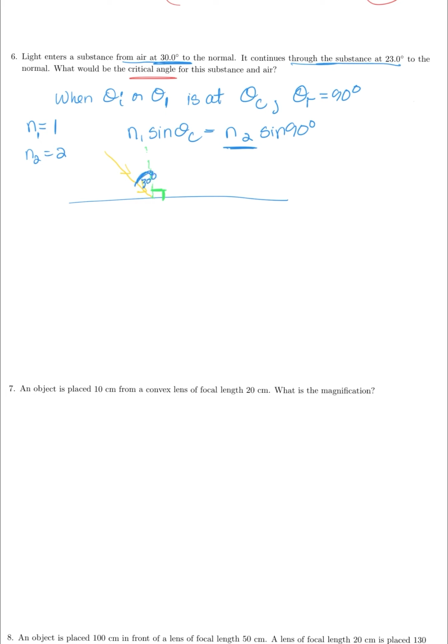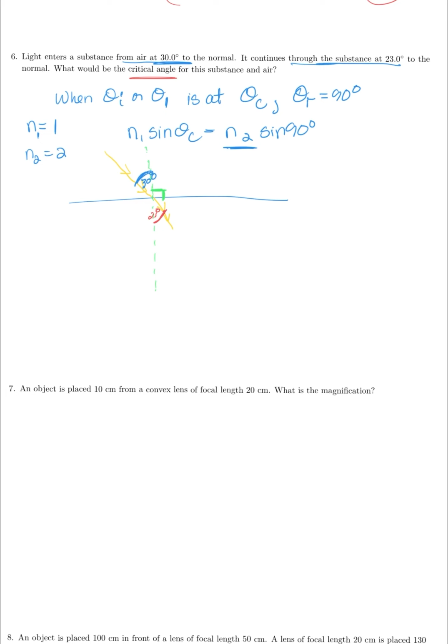Now, it's going to bend, because remember, when it goes through a substance, light bends. We'll do a sharp bend. It continues through the substance. We still have this normal line at 23 degrees to the normal. So this is 23 degrees.